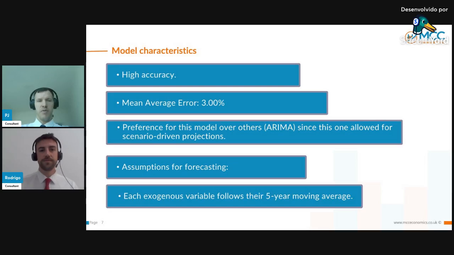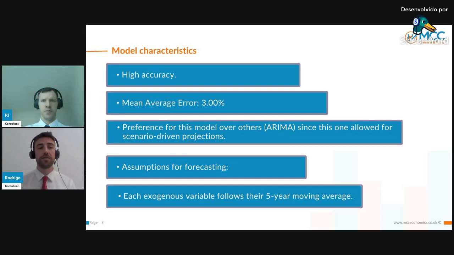But then we can maybe finalize on the characteristics of the model and the final results, Rodrigo. Yeah, so just a quick glimpse here. We had a higher accuracy model considering the ones that we were comparing to. Our MAE, or mean average error, was around 3%, so that was a good level.